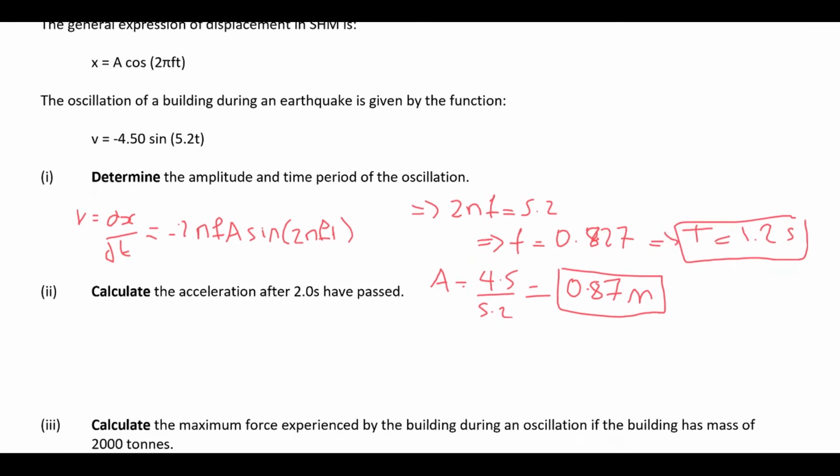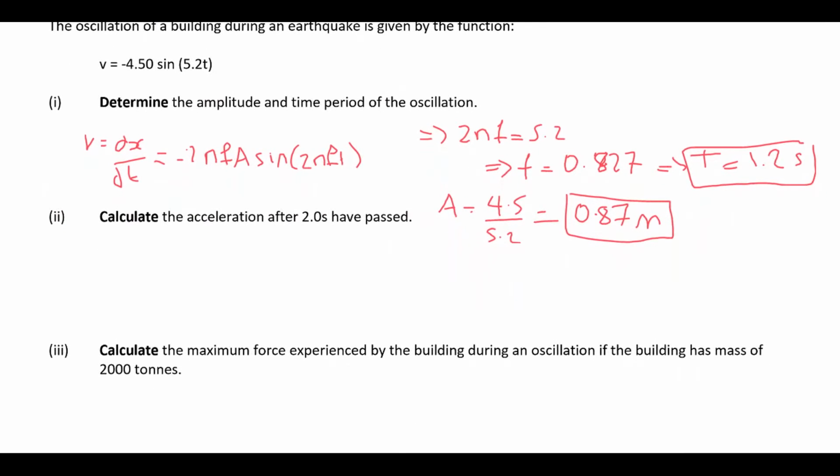Then it's going to ask you to calculate the acceleration after 2 seconds have passed. Acceleration is again the rate of change of velocity, so that's going to be minus 2 pi f squared a cosine 2 pi f t. So we're going to put t equals 2, so 2 times pi times 1.2 times 2. We need to remember to put our calculator into radians, which I forgot, so let's change that quickly first.